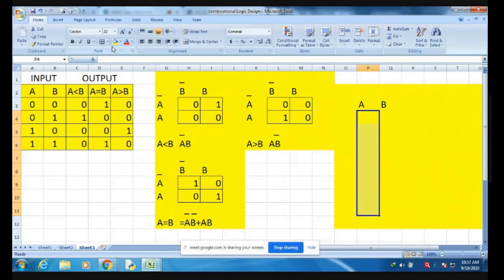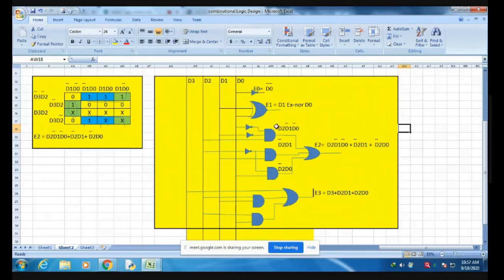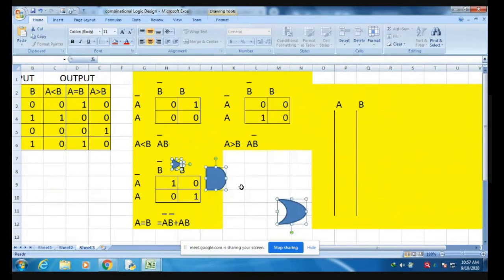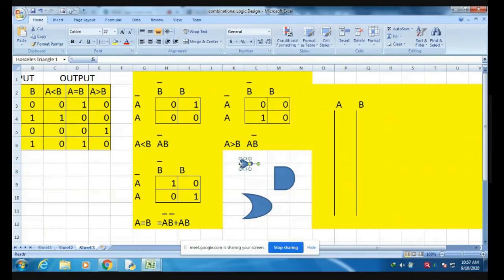So this is for A and this is for B. Now I am going to take some basic components which we require for designing the circuit: NOT gate, AND gate, and OR gate.